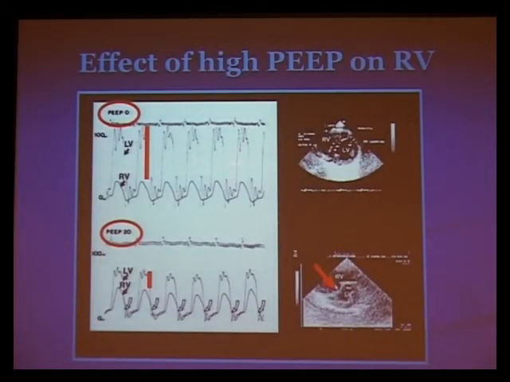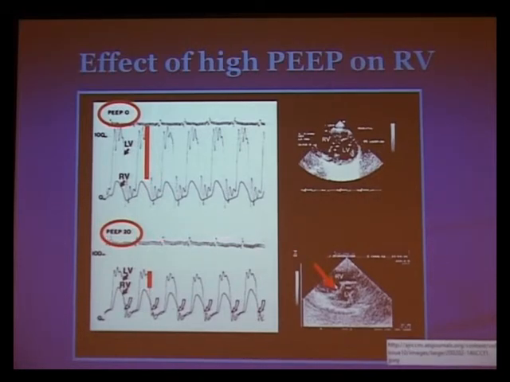And you see how PEEP affects the pulmonary flow. Here you have zero PEEP. You see the difference between the systemic pressure, the left ventricular pressure here, and the right ventricular pressure, a big difference. So the transpulmonary gradient is very high, and the flow is optimal.